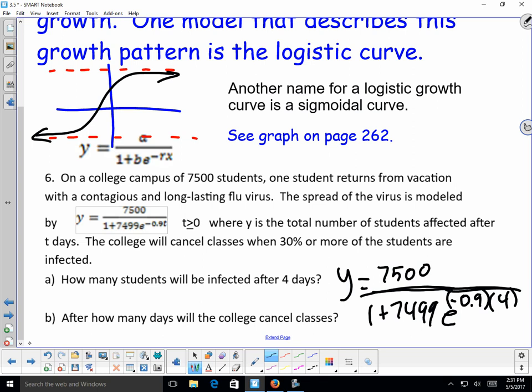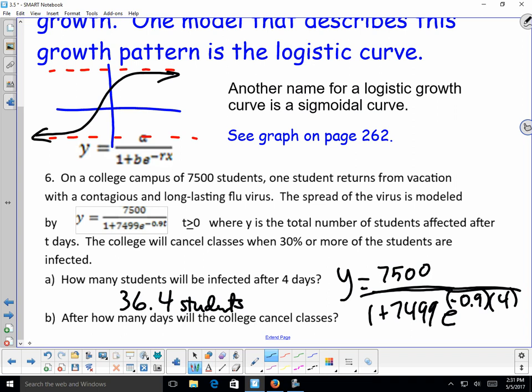Sammy, what'd you get? 36.4 people. Do people agree? 36.4? Okay, so we'll say 36.4 students. And we could round just to 36.